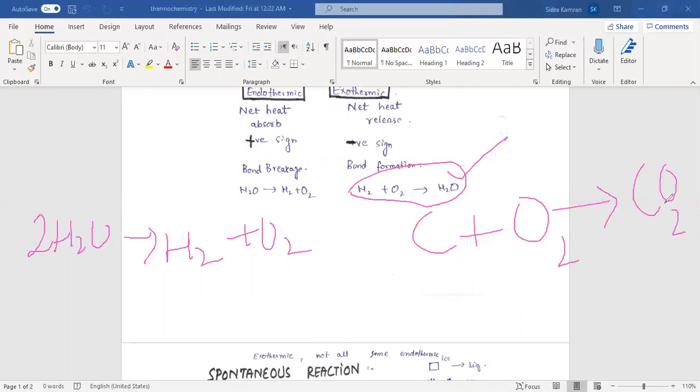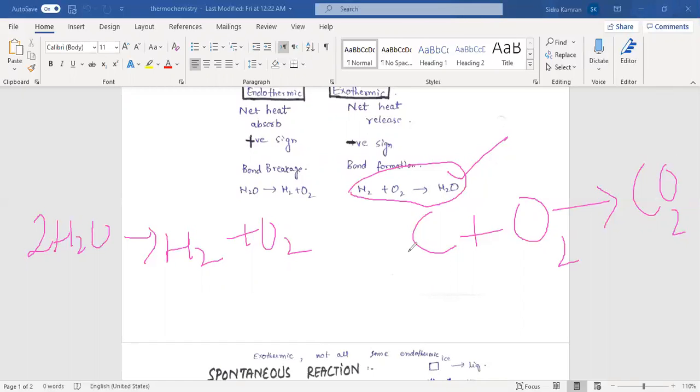What is the difference between exothermic and endothermic? Basically this is not a topic of your ALP, so no question is asked about this topic in your exams because this topic is excluded from your syllabus. What is an exothermic reaction? What is an endothermic reaction? The difference between these two is excluded from your syllabus.